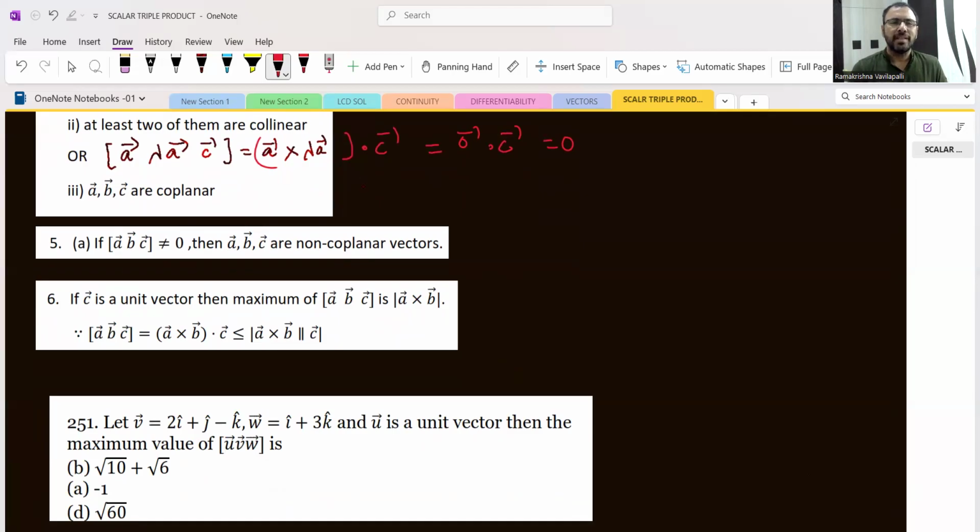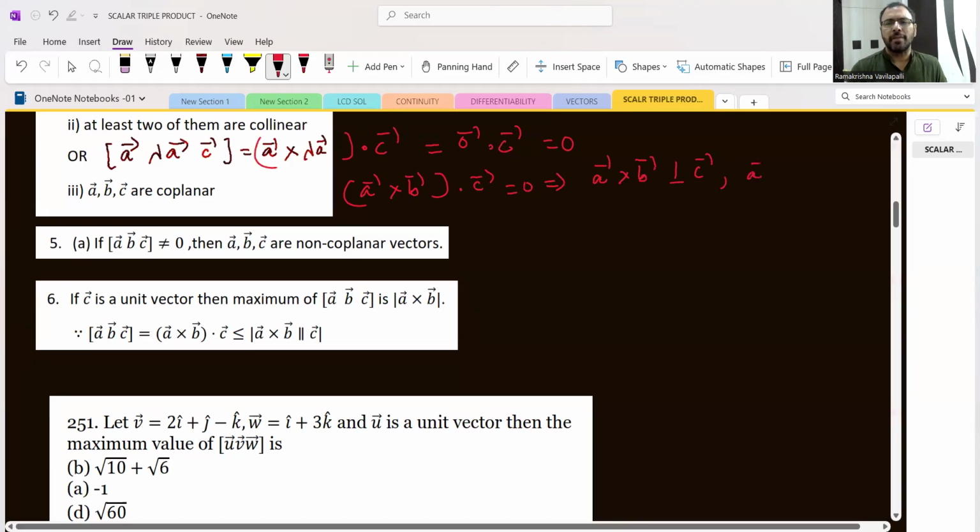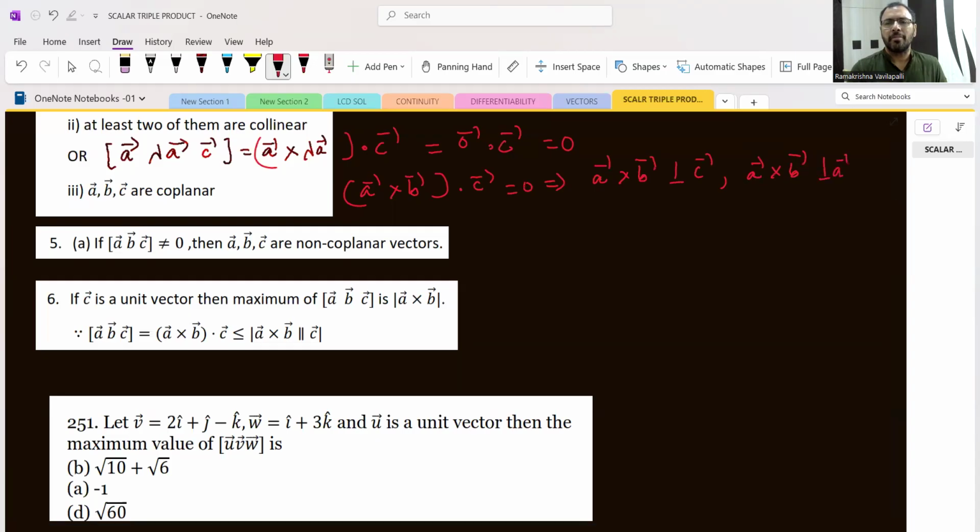Well, you see that A bar cross B bar dot C bar equal to 0 means A cross B is perpendicular to C bar. But A cross B is perpendicular to both A bar and B bar. Therefore, this implies C bar must lie in the plane of A bar and B bar.